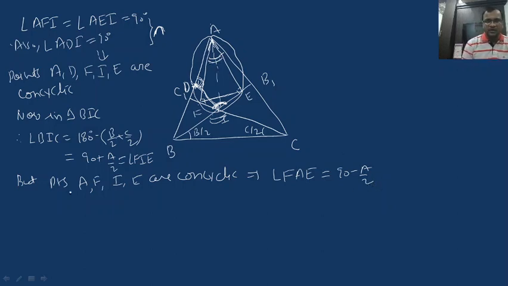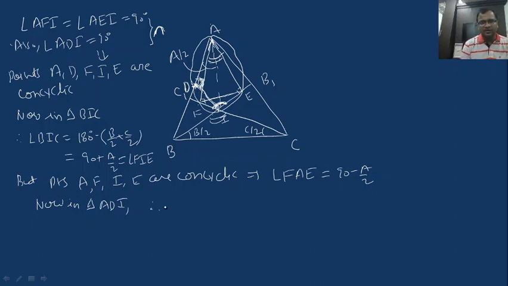Okay, now look at triangle ADI. In triangle ADI, angle DAI is what? AI is a bisector of angle A, therefore angle DAI is A by 2, and angle ADI is 90 because D is a touch point.